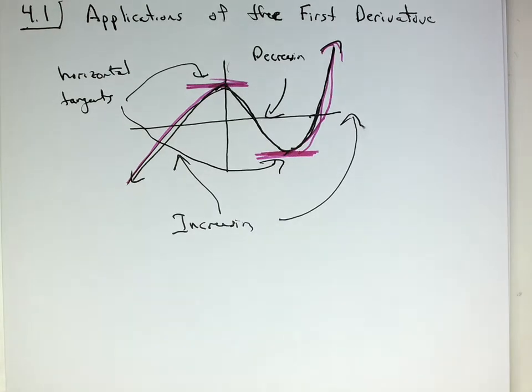So the first thing that we're really going to be talking about, our first theorem for this section, is how do we know when graphs are increasing or decreasing by using the derivative?